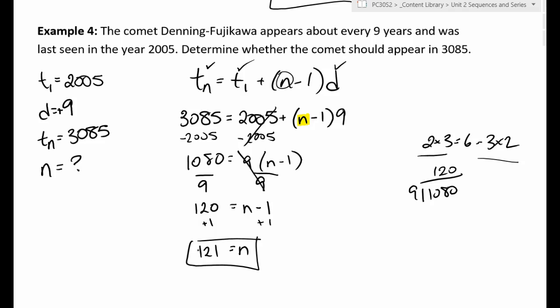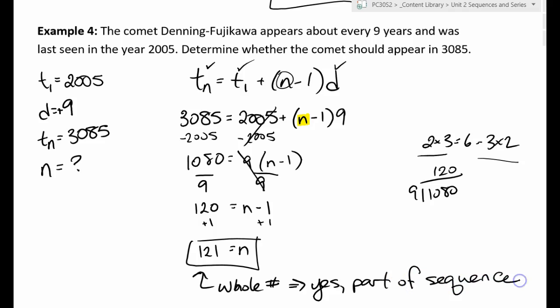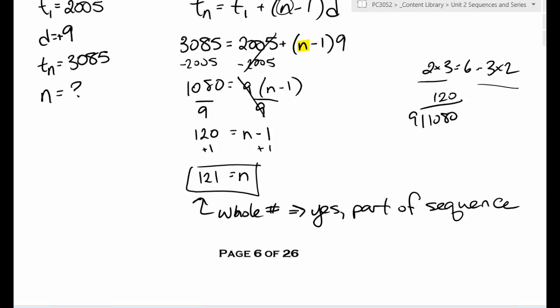That means that yes, it is part of my sequence. It's a whole number. Okay, so whole numbers means it is part of the sequence.